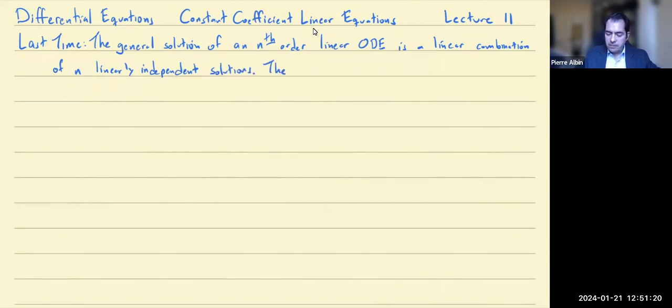And then the Wronskian is a determinant that helps us check that solutions we found are indeed linearly independent.